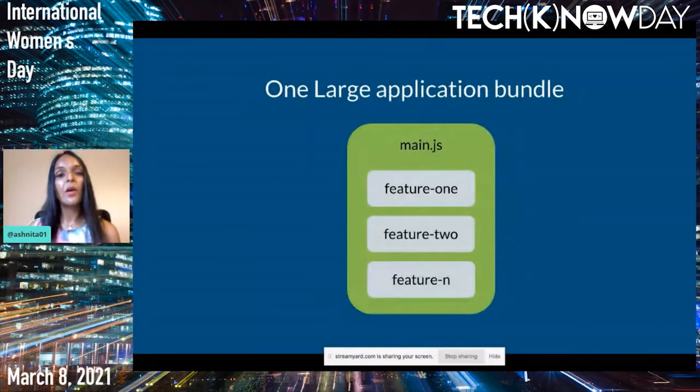And if we have one big file with all the code in that one file for the application, including the various features that the user won't even see on the main page that are on other pages, then the application bundle is quite large.